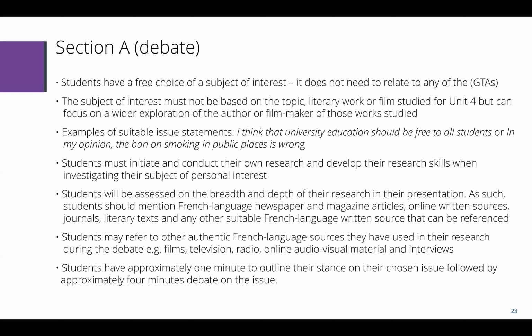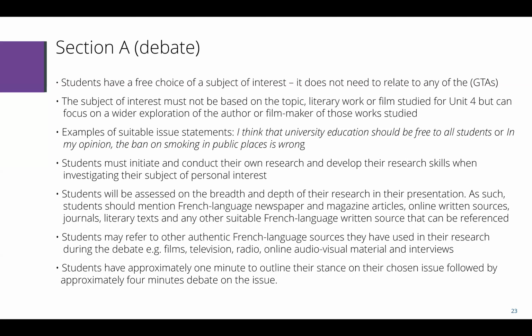Now in the debate, in the following 4 minutes, they can refer to other French language sources that they've used. That can be some sort of documentary they've seen on the television, or some interview that they heard on the radio.